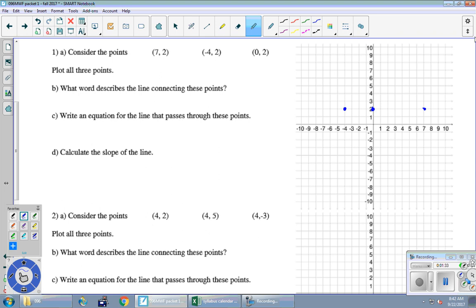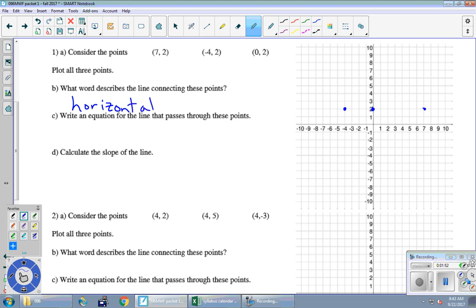And then in part B, what word describes the line connecting these points? Horizontal. That's the word we're looking for. And horizontal lines is one of the things we're exploring today.